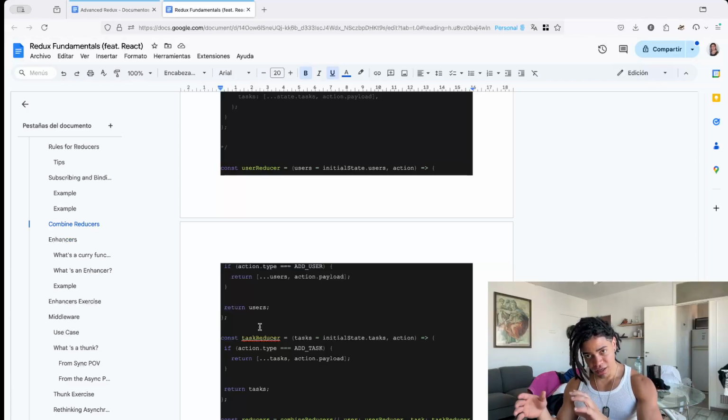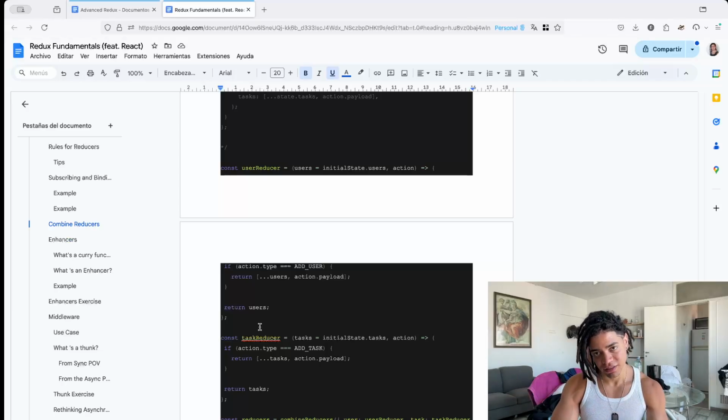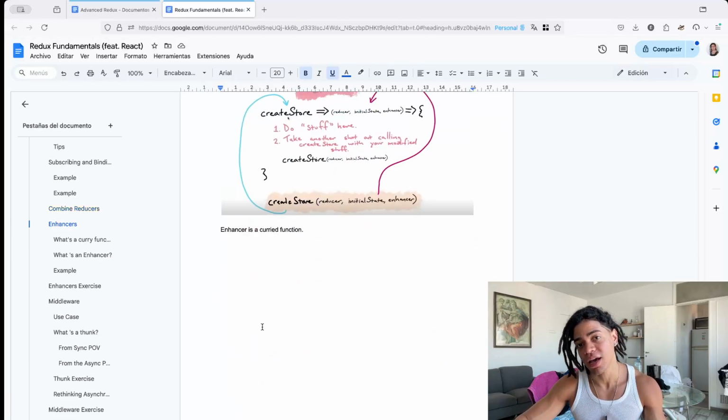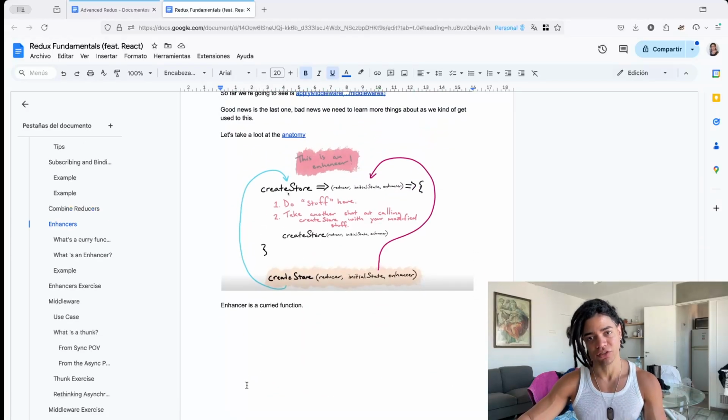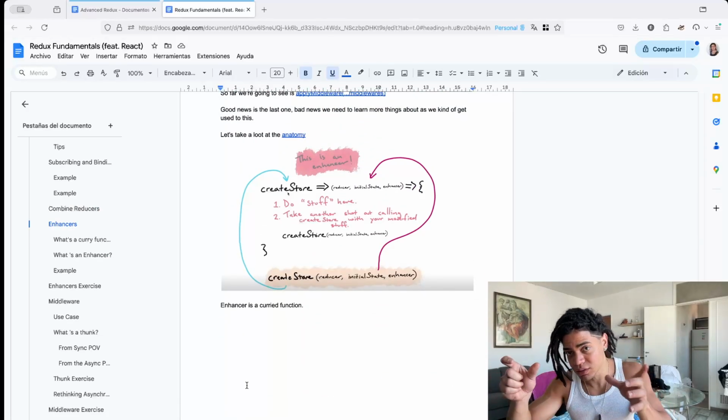The idea here is that by using combineReducers, you pass all of these reducers that are going to have all the necessary update logic for that state. So far so good.